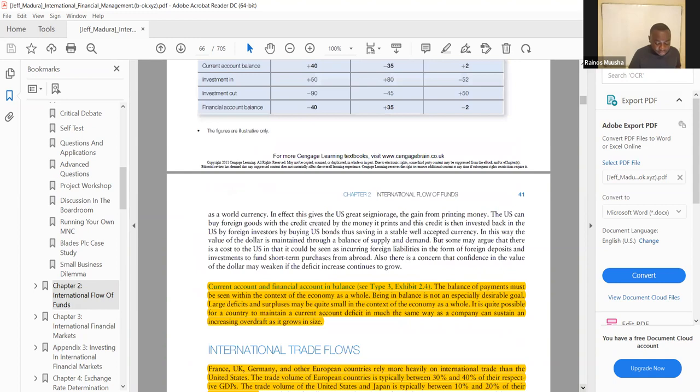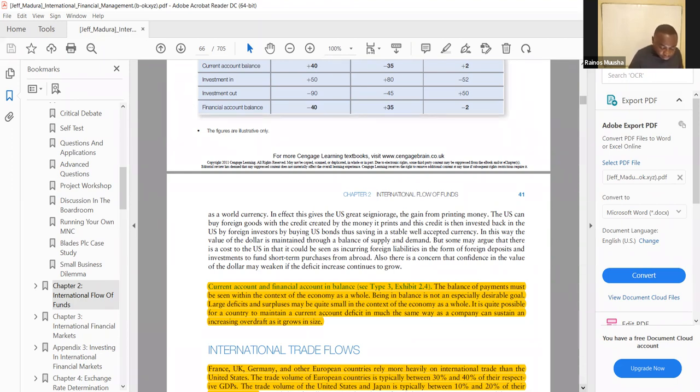The next scenario is where the current account and the financial account are in balance. Here they say the balance of payments must be seen within the context of the economy as a whole. So being in balance is not an especially desirable goal. Large deficits and surpluses may be quite small in the context of an economy as a whole.